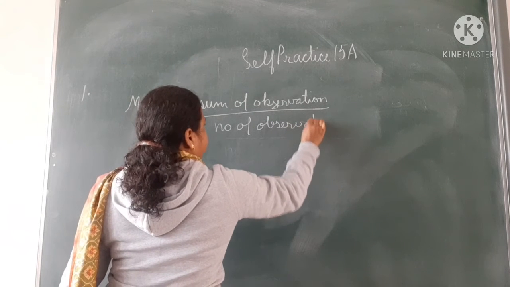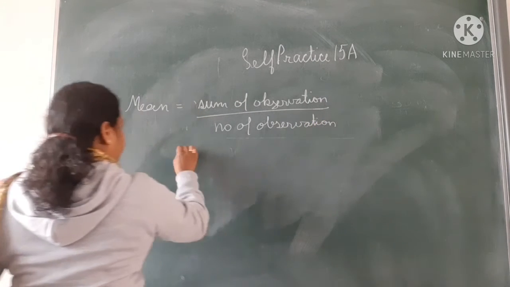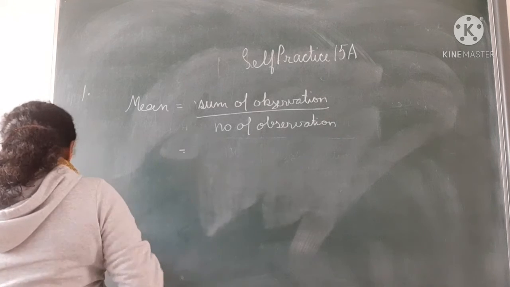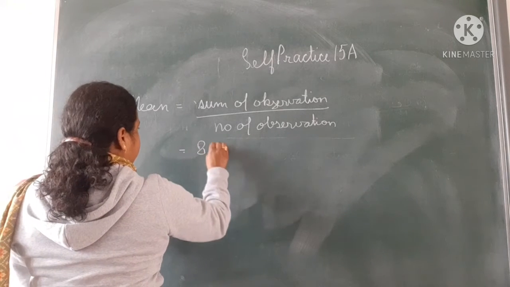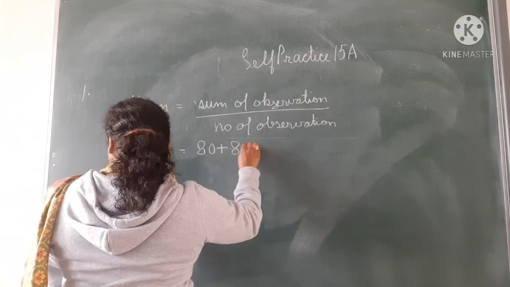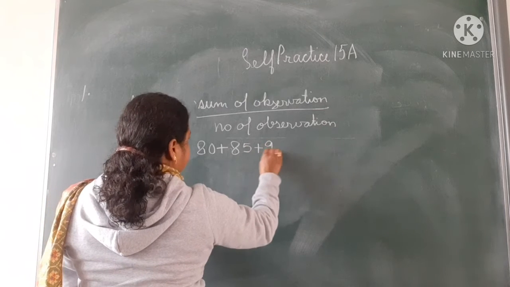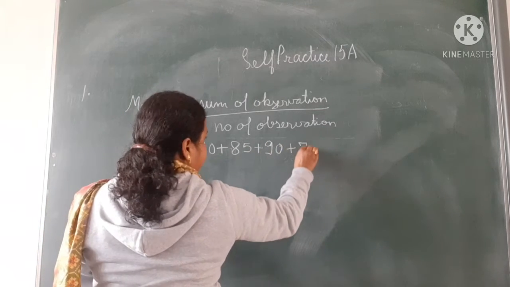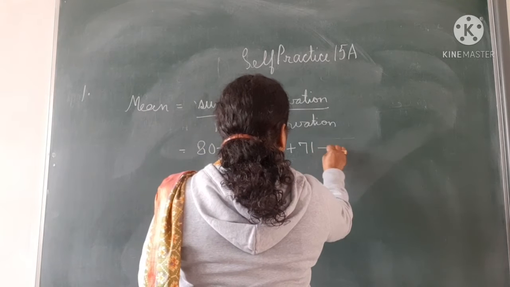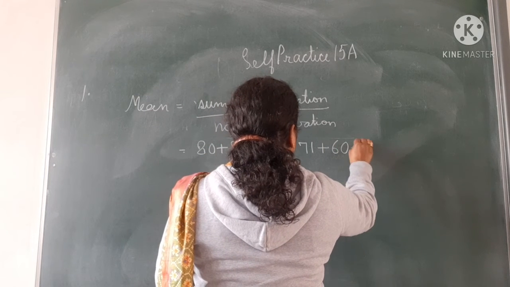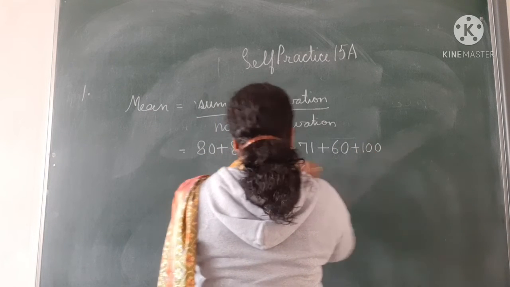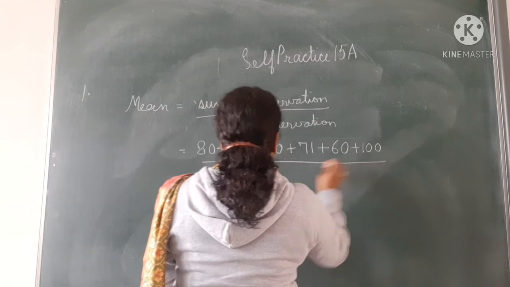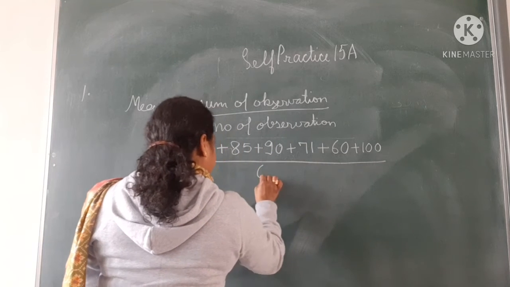Now, when you are adding all, what will you get? 80 plus 85 plus 90 plus 71 plus 16 plus 100, and you will divide all this by 6.